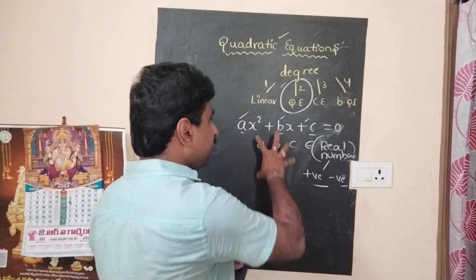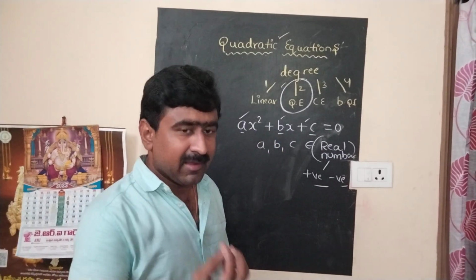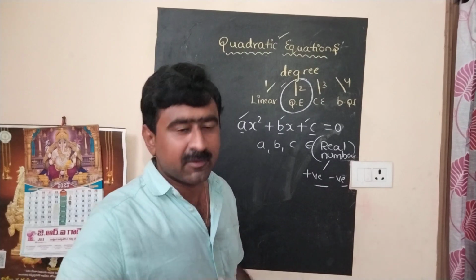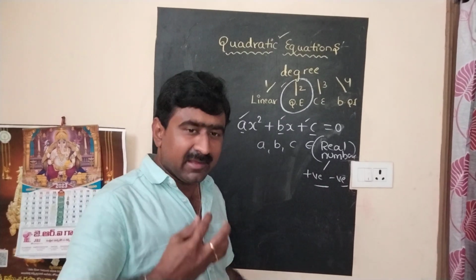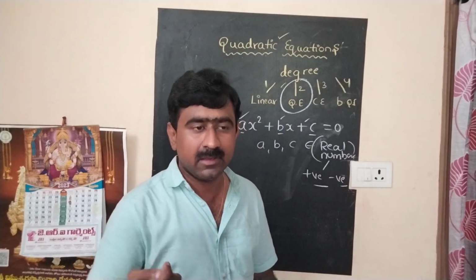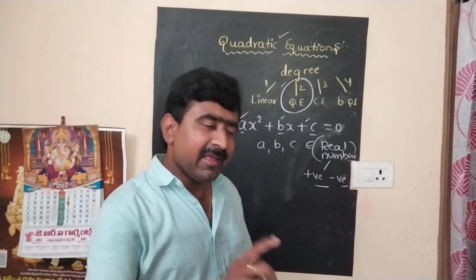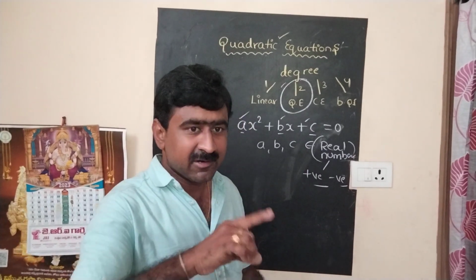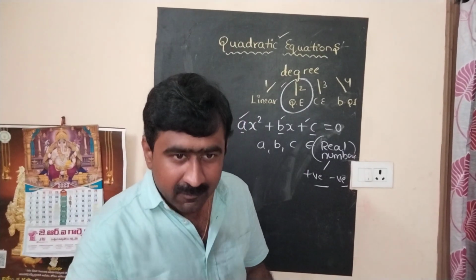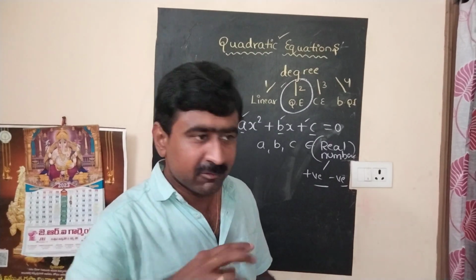So the general structure of a quadratic equation is ax square plus bx plus c equal to 0, where a, b, c belong to real numbers. Also we can say a is the x square coefficient, b is the x power 1 coefficient, and c, being a constant term, is the x power 0 coefficient.